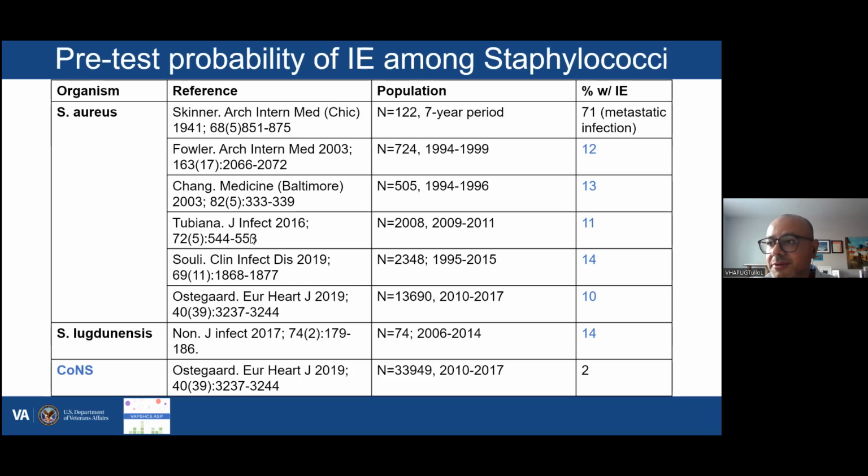So for these folks, Staph aureus, and also Staph lugdunensis, these patients always get a TTE, and the threshold for getting a TEE is pretty low. Coagulase-negative Staph bacteremia, other than Staph lugdunensis, patients with that almost never have endocarditis. You only see it in patients with prosthetic cardiac devices, prosthetic devices elsewhere as well. So for these patients, the need for a TTE or a TEE is much, much lower.